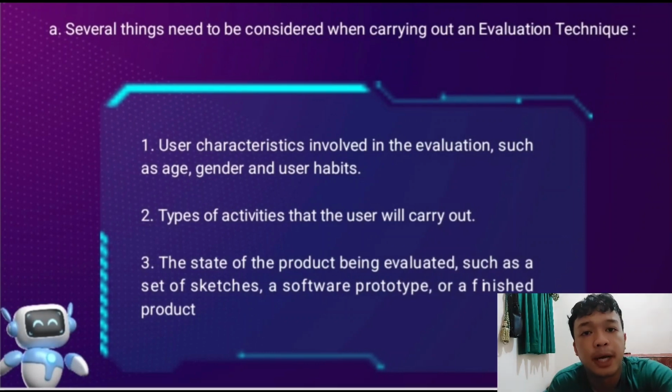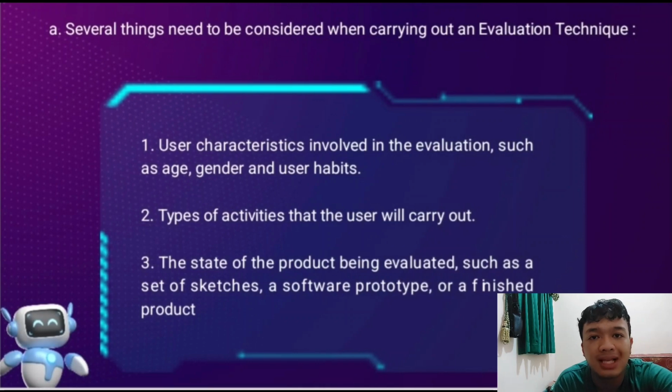Second, frequency of use. Frequently performed activities may require an efficient and quick interface, while infrequently performed activities may require more help or prompts for users to remember how to do them. Third, context of use.